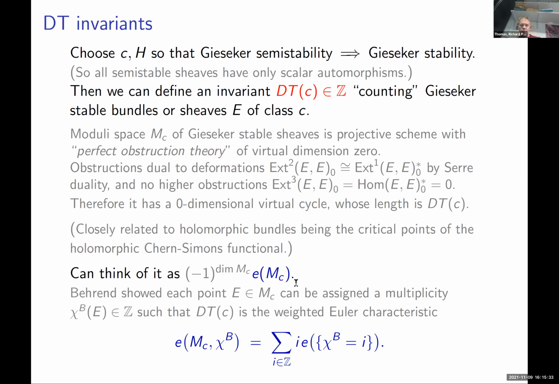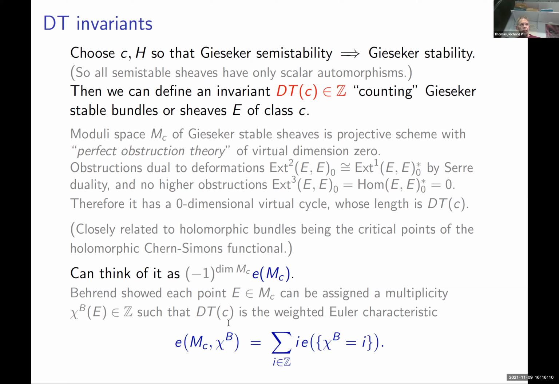So Behrend assigned a multiplicity to every point of the moduli space, which is an indication of the singularities of that point of the moduli space. If that is a smooth point of the moduli space, the multiplicity function is just this sign. It's just plus or minus 1. But if your moduli space was a fat point, then the multiplicity you would assign to that point is the usual scheme theoretic multiplicity of that fat point, the length of that zero-dimensional scheme.